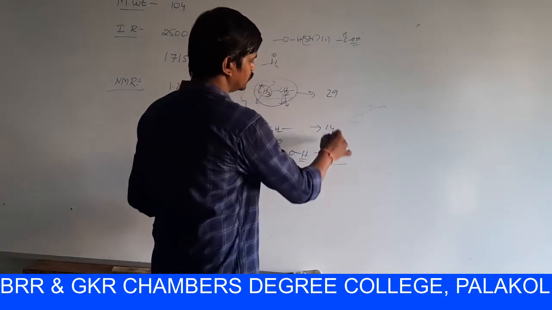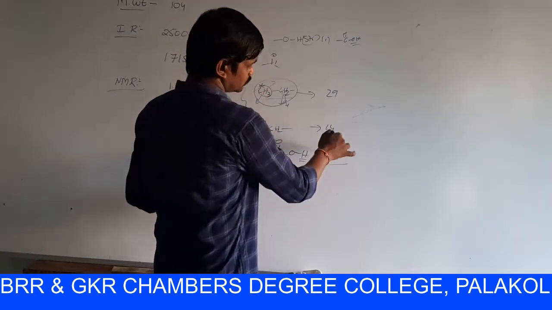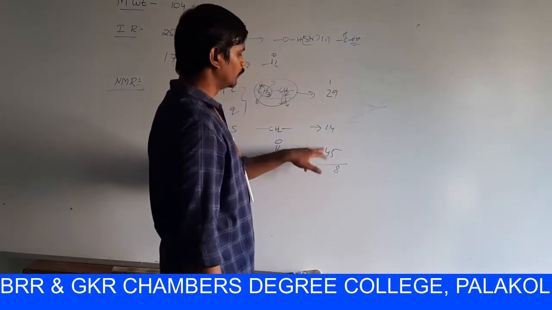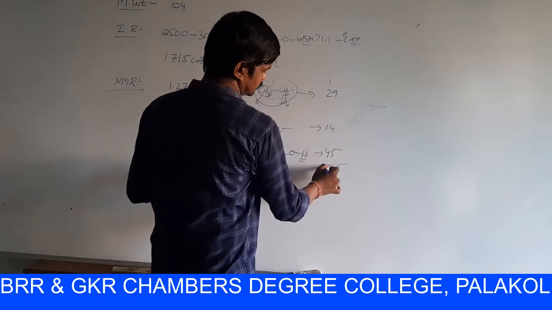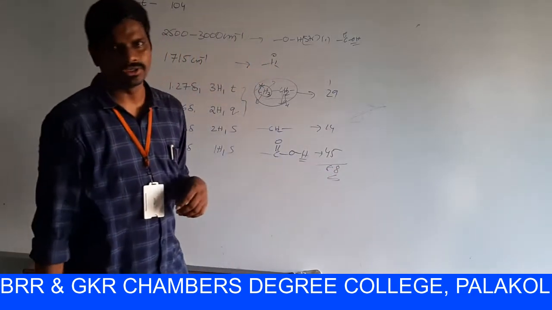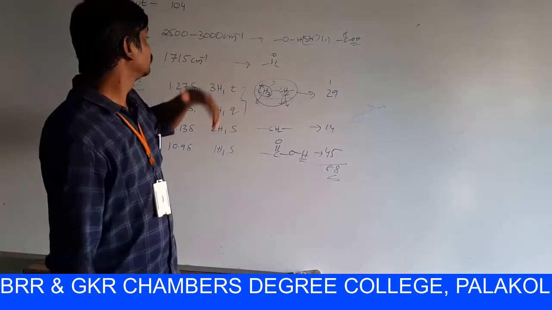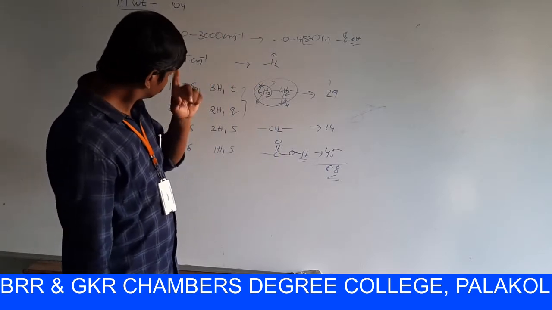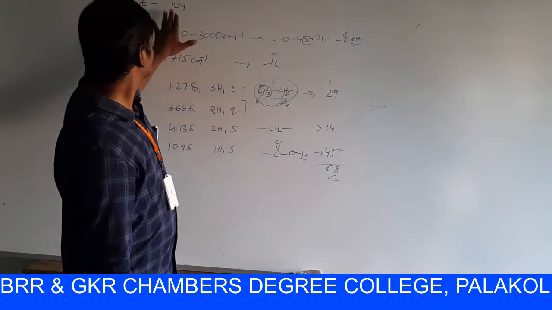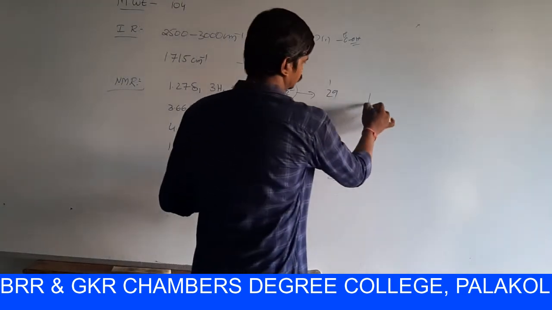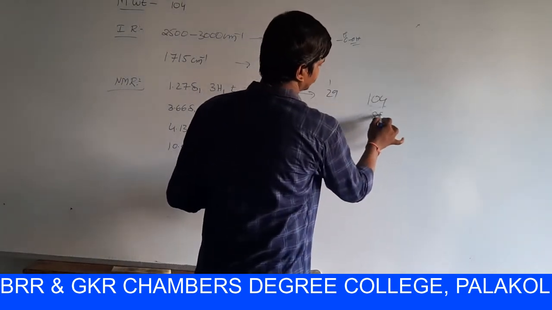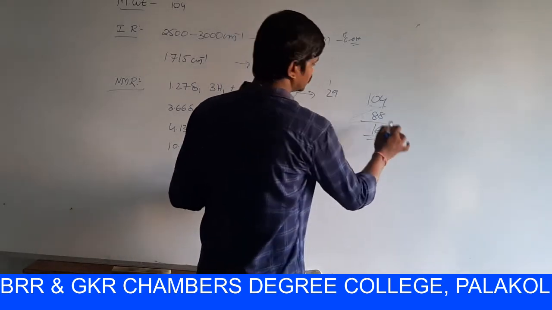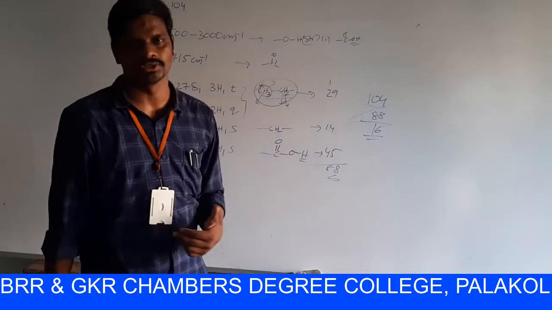By adding all these values, the final value is 88, but the molecular weight given is 104. So we subtract 88 from 104, then we get 16. So we remain with 16 molecular weight.